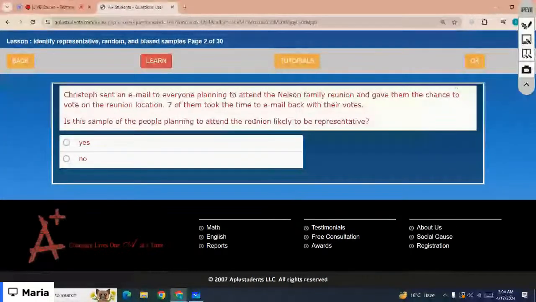Because only seven of them emailed back with their votes. So the people who took the time to vote might not be similar to the other people who didn't, right? So that means this is the biased sample. The correct option is no. This is not the random sample. This is not the representative data. This is the biased data.